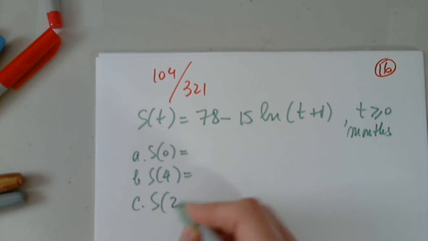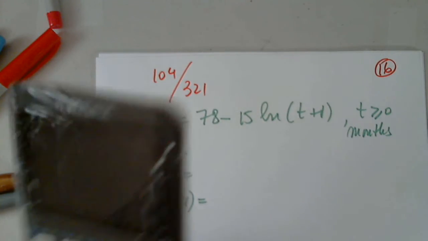Part C, S of 24, after 2 years. What percentage of their original answers did the students retain after 2 years? And then find S prime of t, and then find the max and the min, and then find the limit. Okay. So first, let's quickly answer these.